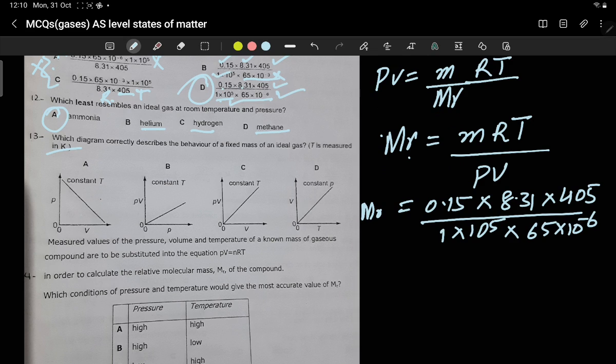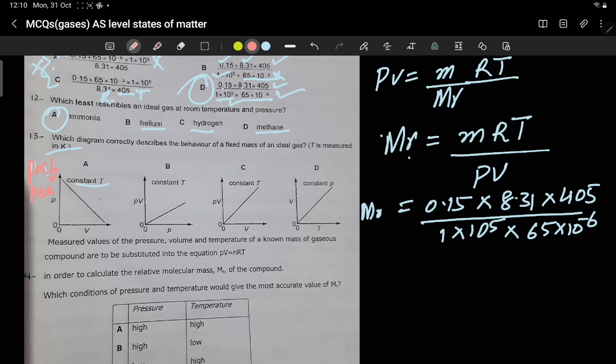So in the first graph, pressure is decreasing, and at constant temperature we know that pressure is inversely proportional to 1 over V, and PV is equal to constant.